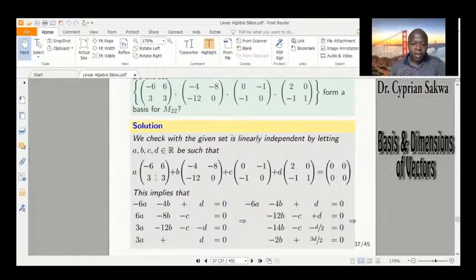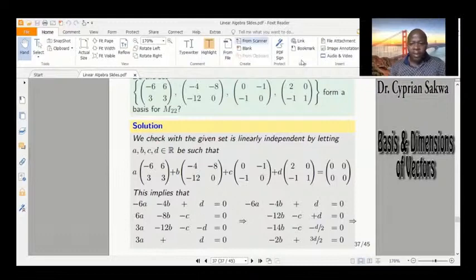Then come to the final element here in row 2, column 2. So 3 times A, 0 times B, 0 times C, and then 1 times D, and equal to 0. So I did that, and this is what I got. I got this system of linear equations.